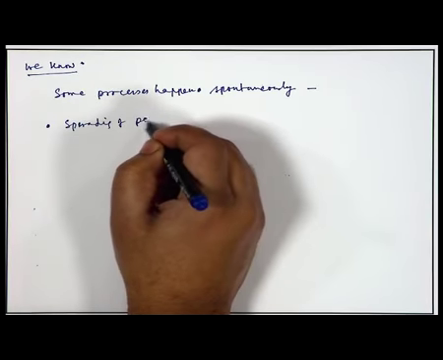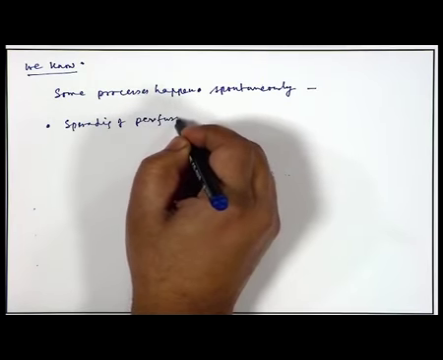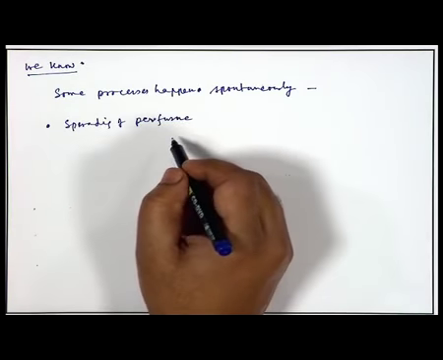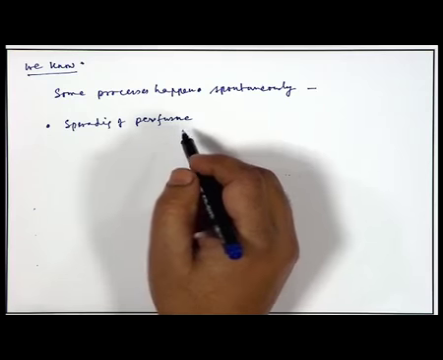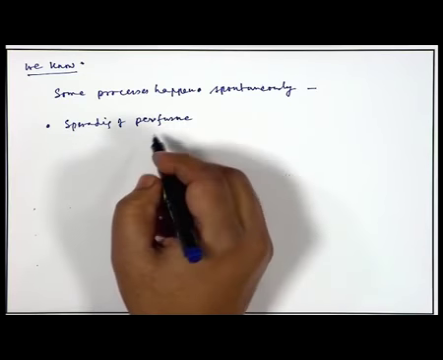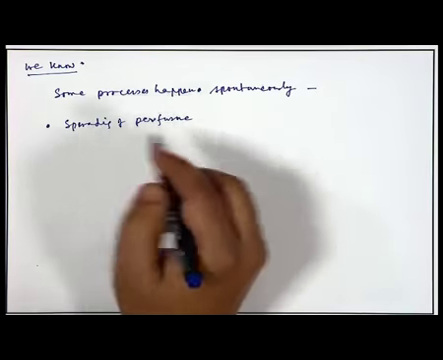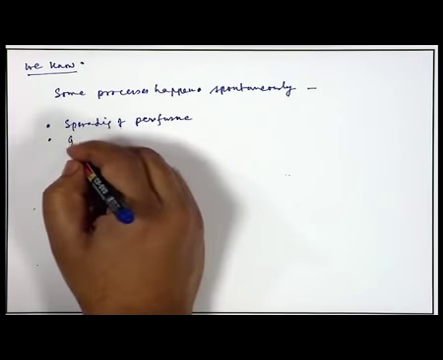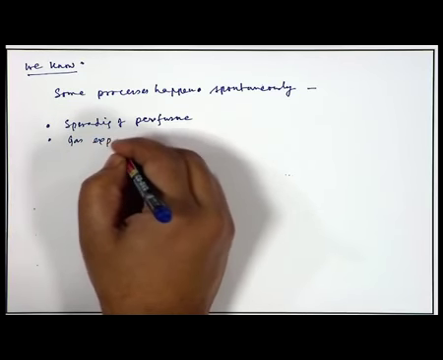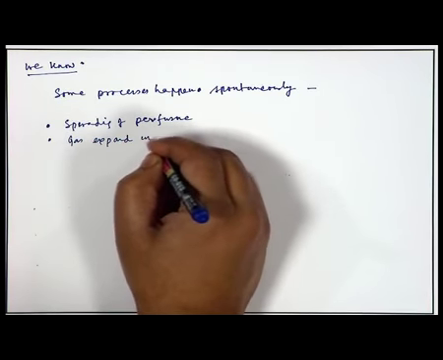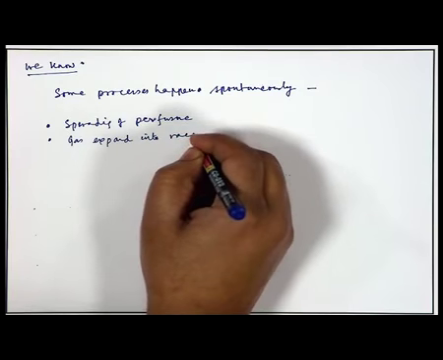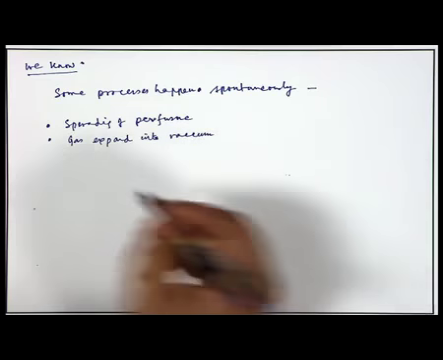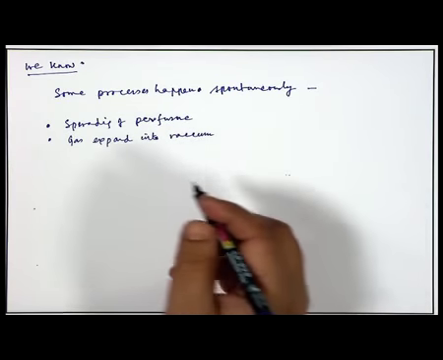I have sprayed some perfume in one corner of the room. What will happen? You will get the smell after some time from the other parts of the room as well. This is just an example of a spontaneous process. Another: a gas expands into vacuum. If I release a gas into vacuum, the gas will immediately expand and occupy the total volume.